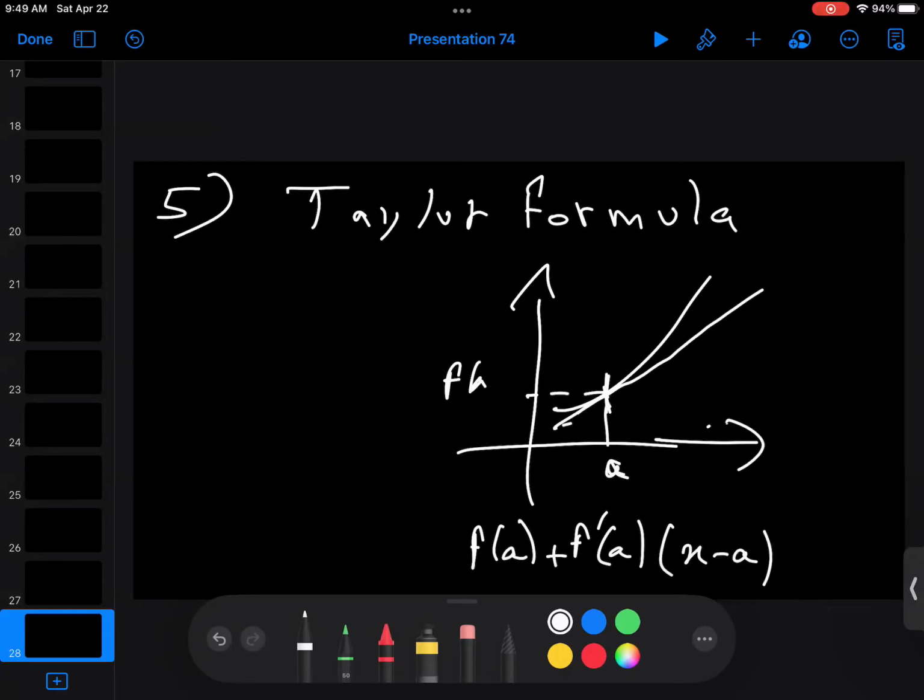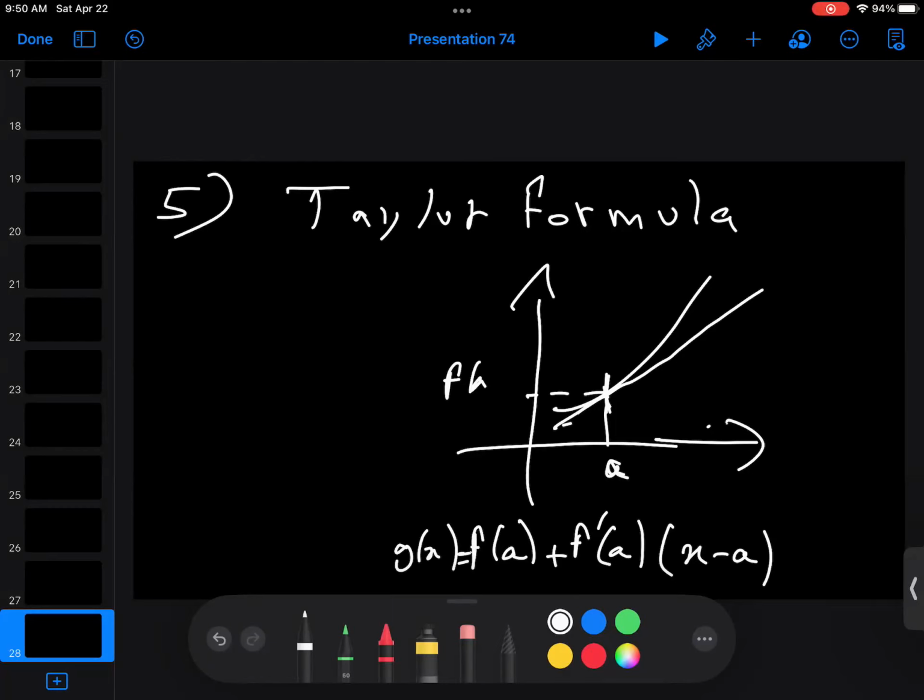And this, in fact, gives you, when x is small, this formula, this tangent, gives you an approximation of f. If you call it, let's say g of x, for x close to a, f of x and g of x are close.